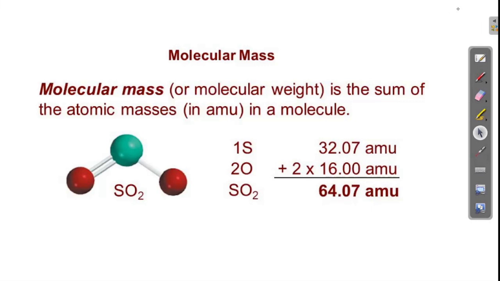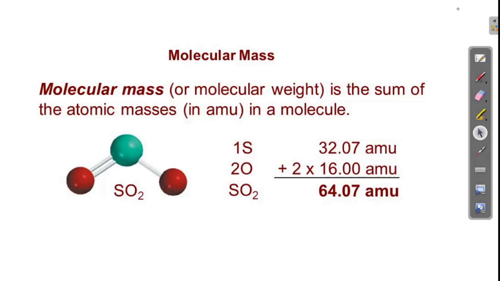You need to go to the periodic table and find sulfur. So sulfur is in position number 16, and you'll find the atomic mass units for the mass of that sulfur. You can do the same thing for oxygen. If you find oxygen in the periodic table, you'll see that it's in position 8 and it has a mass of 16.